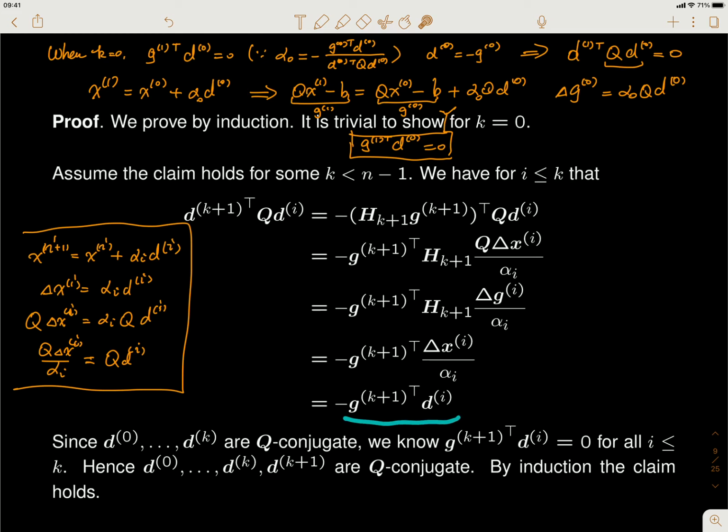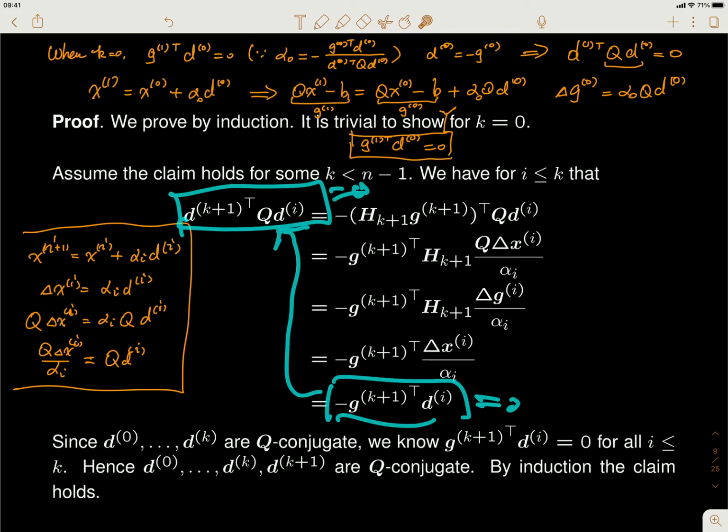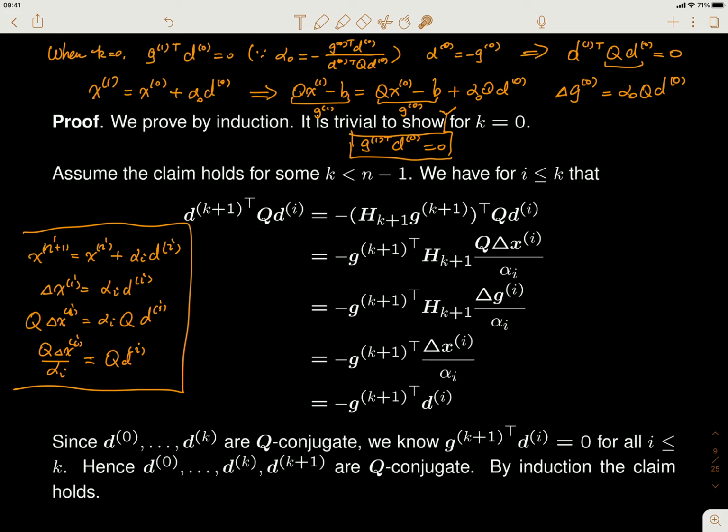So that makes this always equal to 0. And from this derivation, when we go back to here, using this property of the Hk, which makes these two things equal, we can go back from this to that. And this equal to 0 just means that this is equal to 0. And this is what we wanted to prove, which is that the dk plus 1 will also be Q conjugate to all the previous ones. And this finishes the proof.